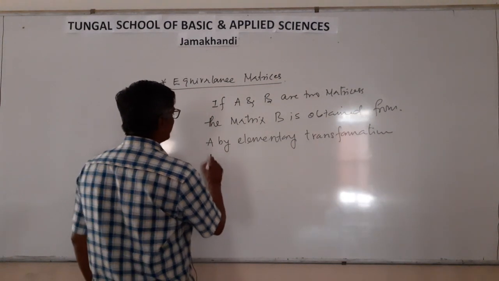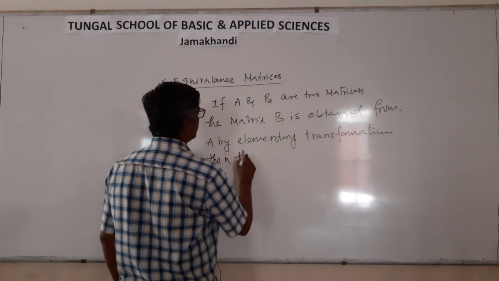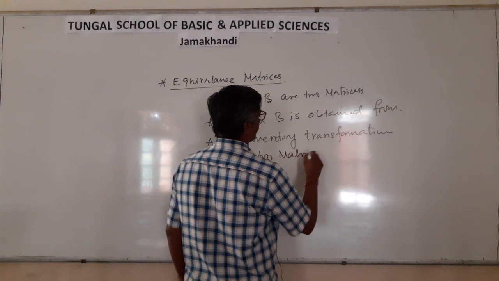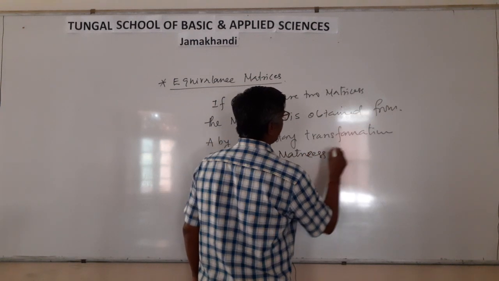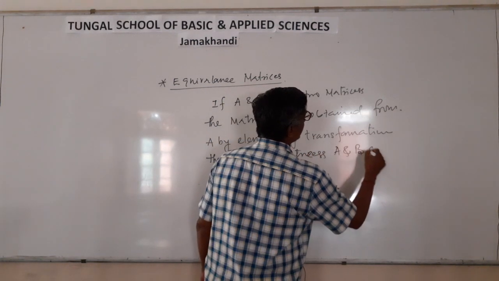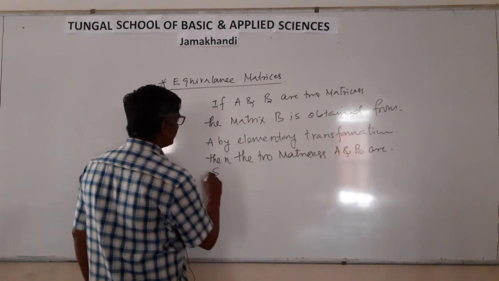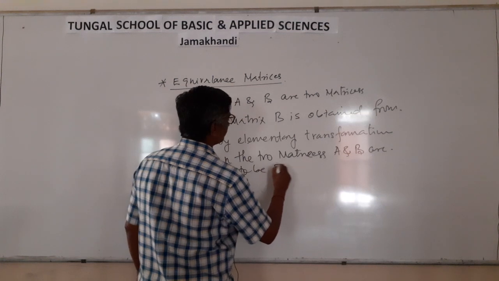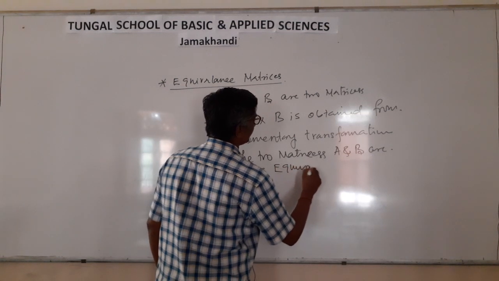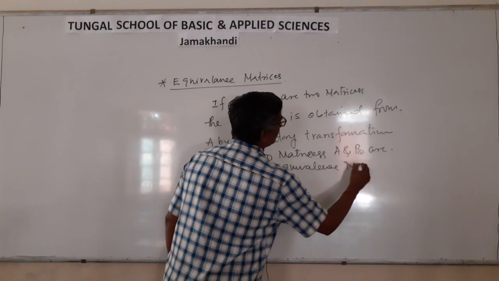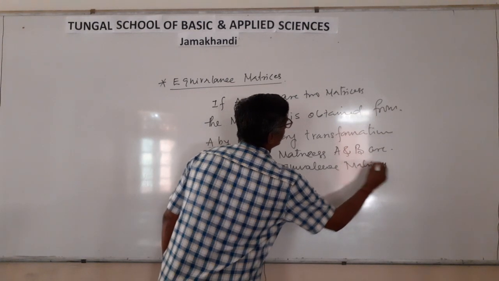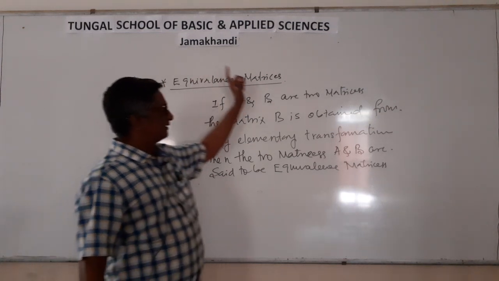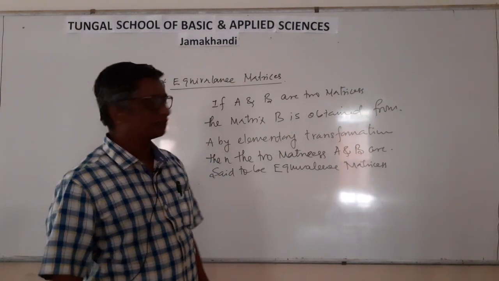Then the two matrices A and B are said to be equivalent matrices. Do you understand? A and B are two matrices.